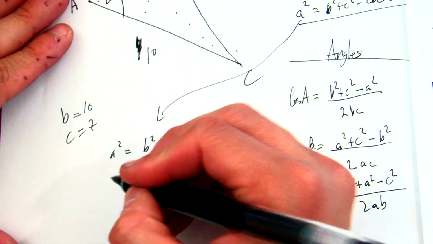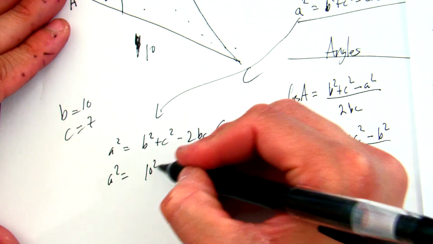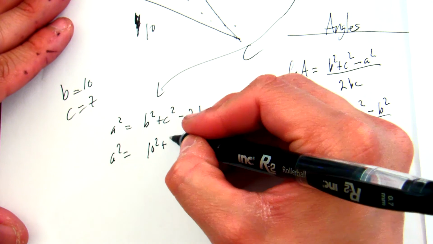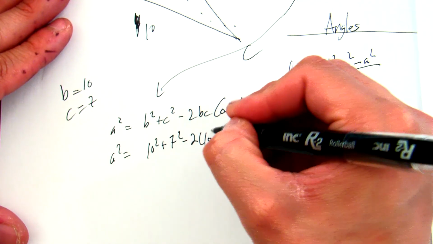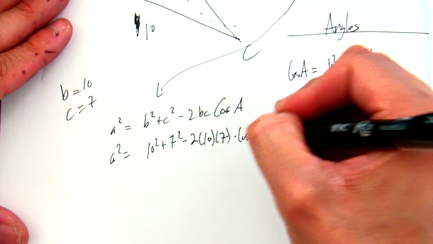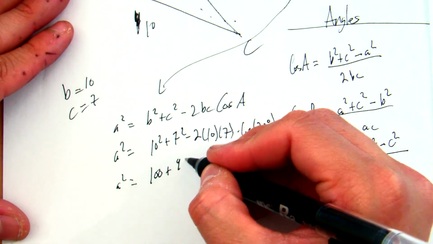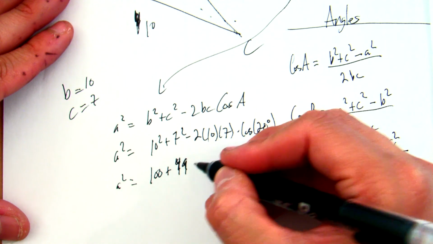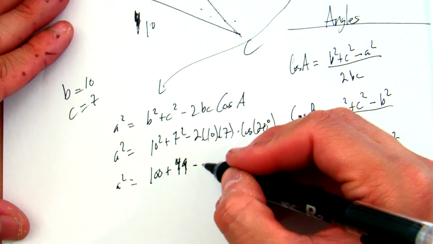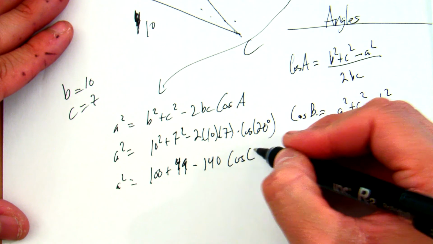So what would this give us? It's a squared equals 10 squared plus 7 squared minus 2 times 10 times 7 times the cosine of 20 degrees. And so a squared is 100 plus 49, okay? Minus, 20 times 7 is 140, cosine of 20.